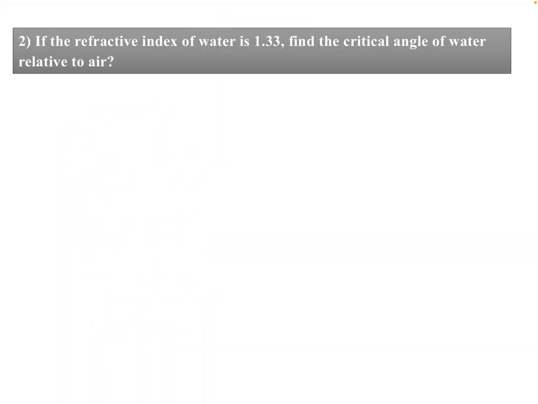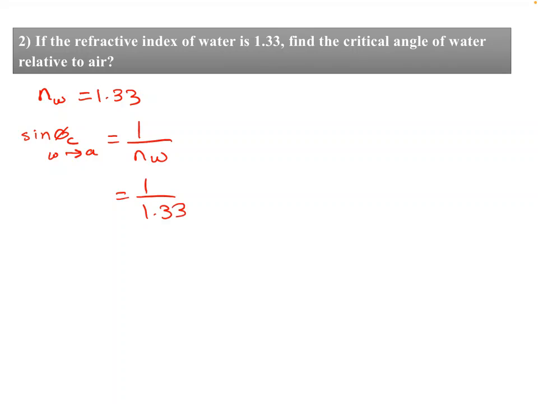Transfer to the next one. If the refractive index of water is 1.33, find the critical angle of water relative to air. Okay, sine phi c from water to air equals 1 over n water, or n air over n water, which is 1 over 1.33.